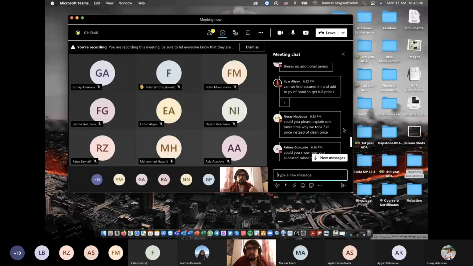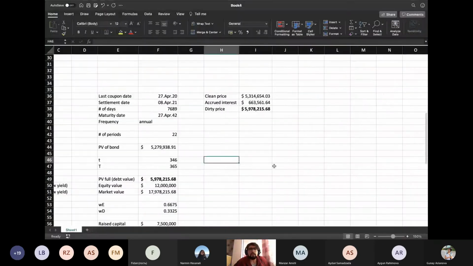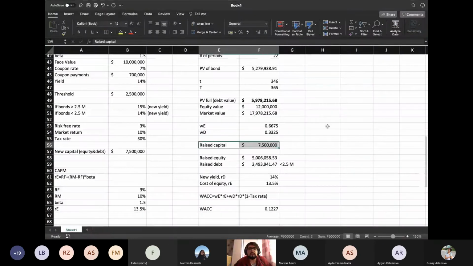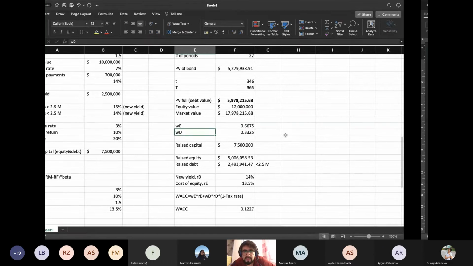I hope it's clear. Fatima says, could you please show how you allocated raised capital again? Fatima, look, we have a raised capital amount of $7.5 million. We have weights here. We calculated the weights: weight of equity 0.66 and weight of debt 0.33.